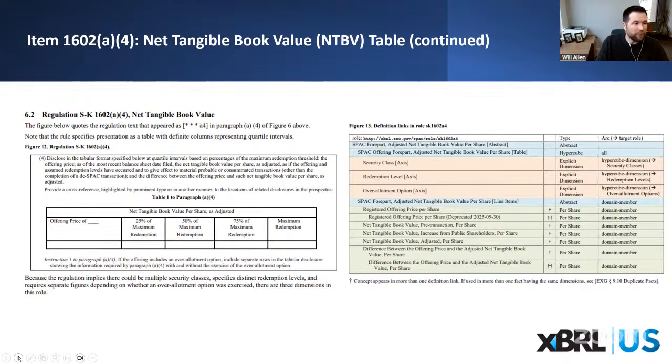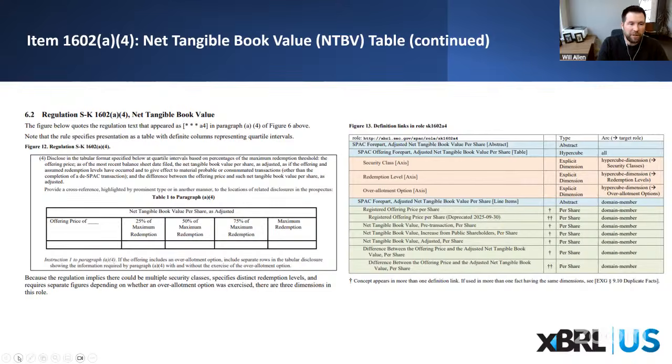It shows the offering price in the top left corner, and then each of those redemption amounts. And the table on the right shows you how you would represent this through XBRL. The second blue row on the top of that table is the SPAC offering 4-part for the table. So that's what you would tag your table with.